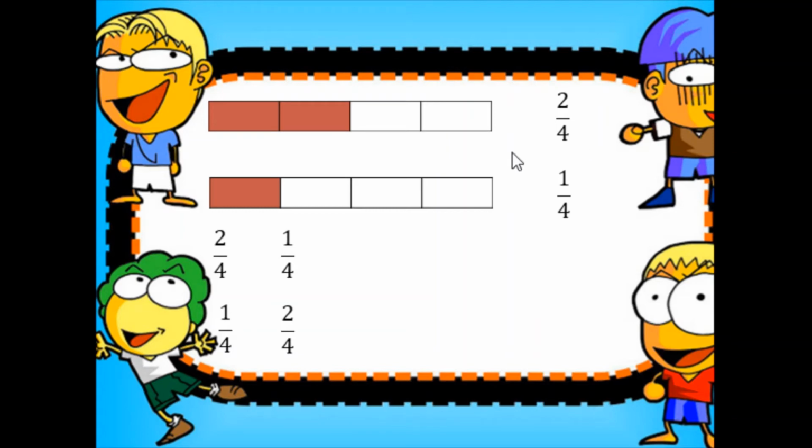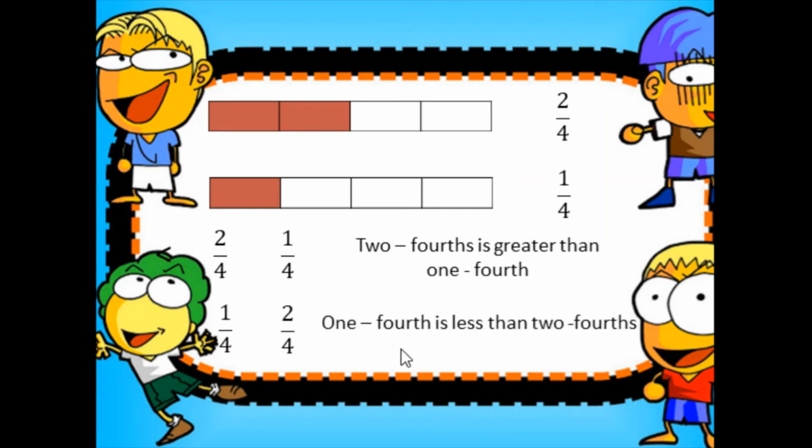So if you look at 2/4 and 1/4, we can say that 2/4 is greater than 1/4, because 2 is greater than 1. Is it right? And we can also say 1/4 is less than 2/4 because 1 is smaller than 2. So we're going to use the symbols for this one, greater than and less than.